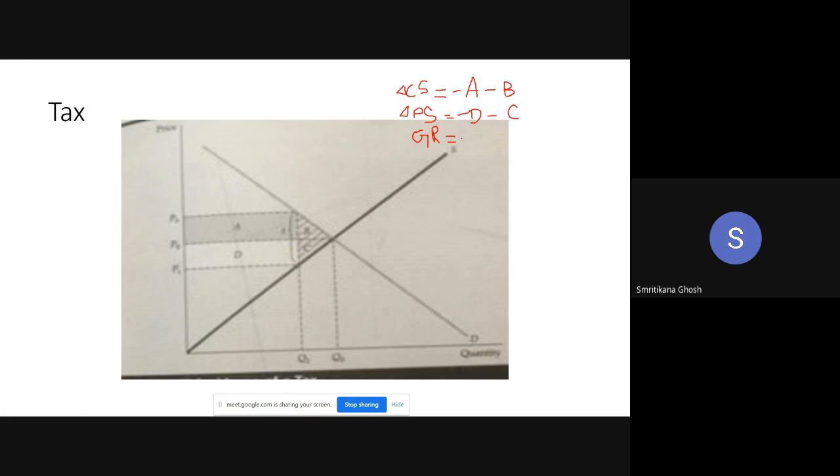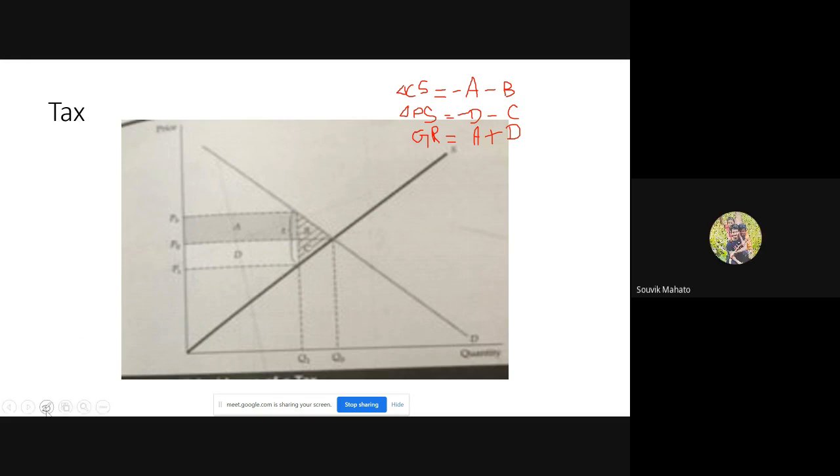That rectangle A and D. So A and D. This is the government revenue. Any doubt with the government revenue?